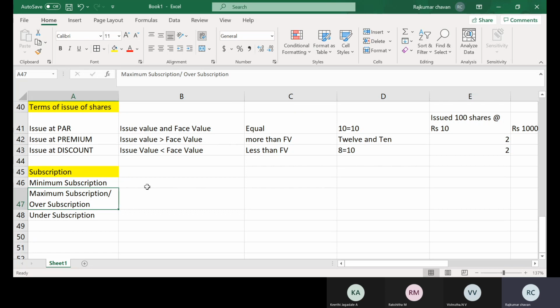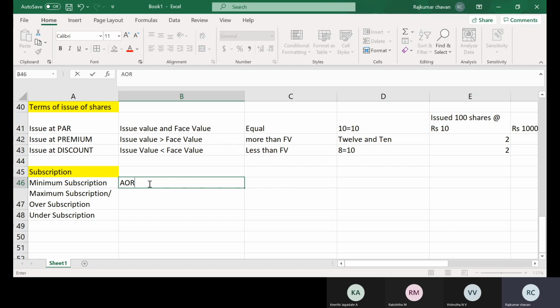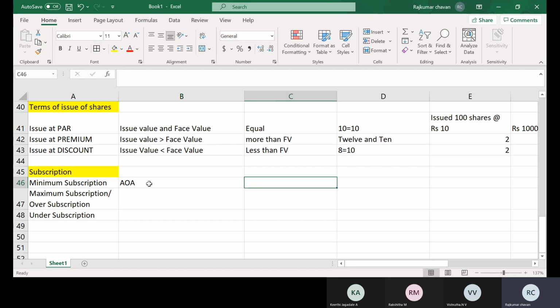Now, what is minimum subscription? The minimum amount that has to be collected when the company goes to the public to subscribe is prescribed in the articles of association. That is called minimum subscription.